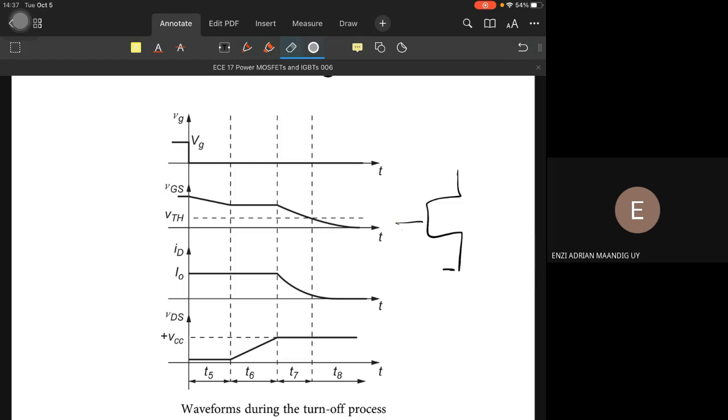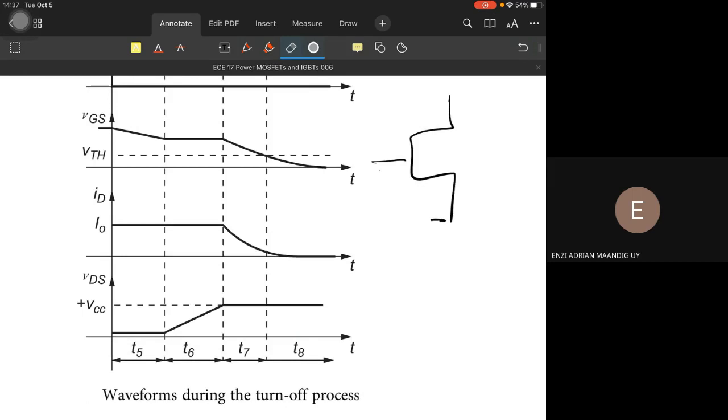Enhancement na N-channel. So remember lang, ang pinaka-convenient nga MOSFET nga gamiton is the N-channel MOSFET. NMOS. N-channel MOSFET nga enhancement type. E-type nga N-MOSFET.